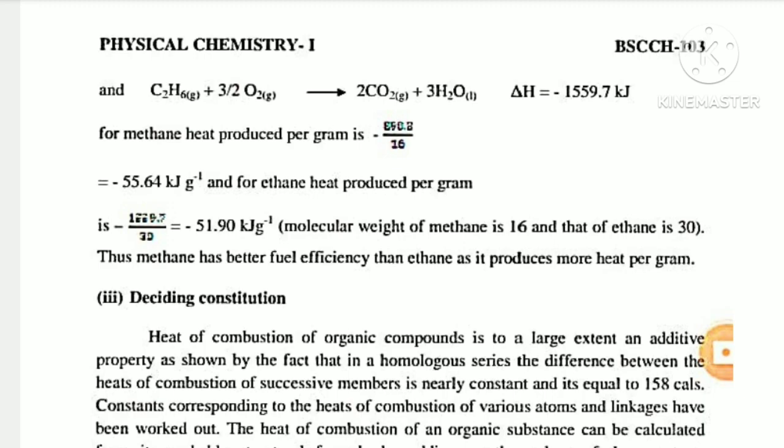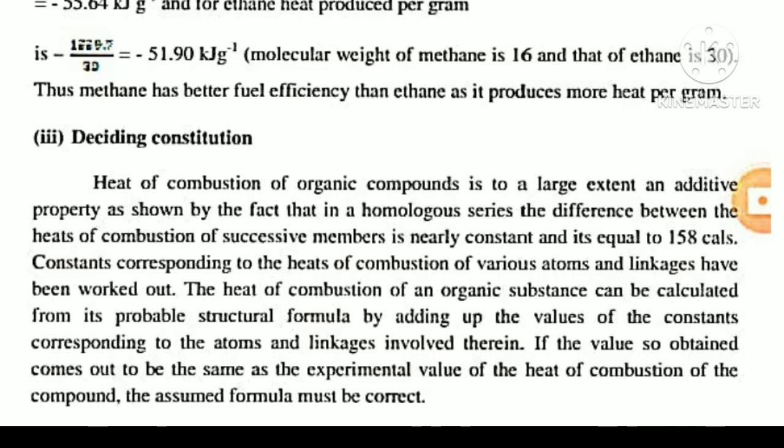Deciding constitution. Heat of combustion of organic compounds is to a large extent an additive property, as shown by the fact that in a homologous series the difference between the heats of combustion of successive members is nearly constant and is equal to 158 calories.